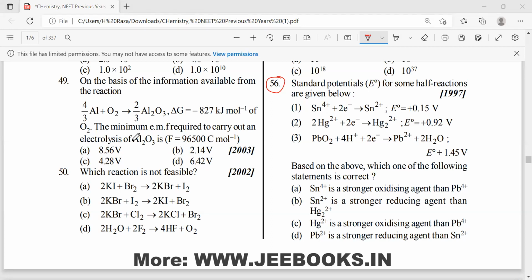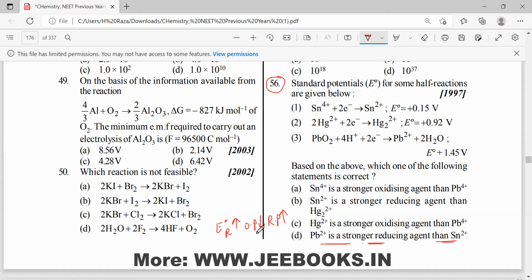So is the answer D? D: Pb plus 2 is a stronger reducing agent than Sn plus 2. No, the answer is not D. For reducing agent, I told you that as the E naught R value increases, oxidizing power decreases, and reducing power increases, right?